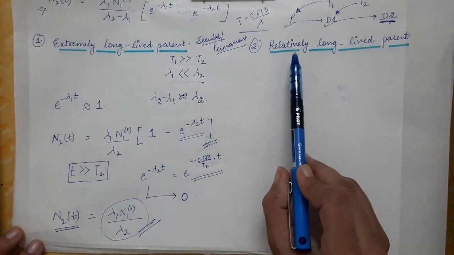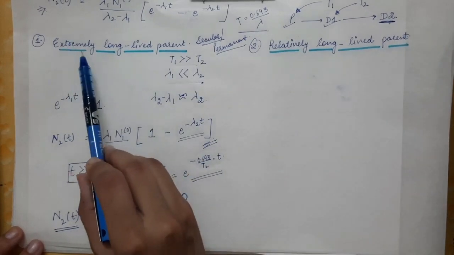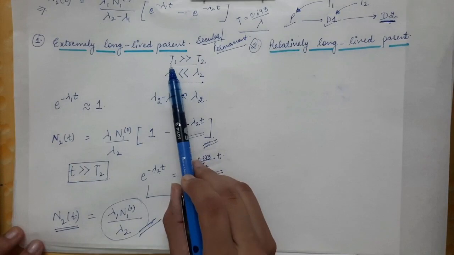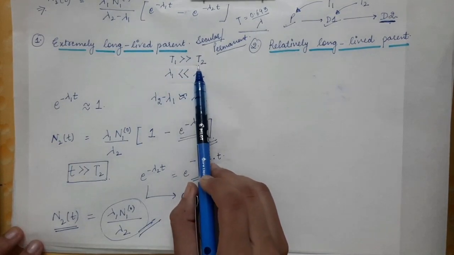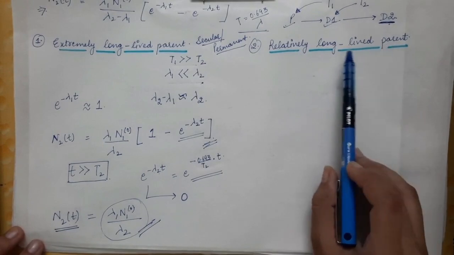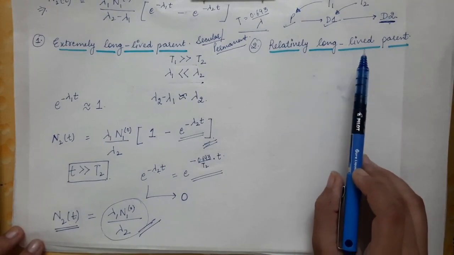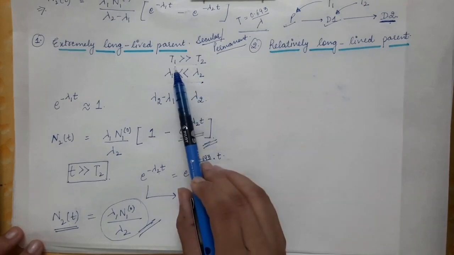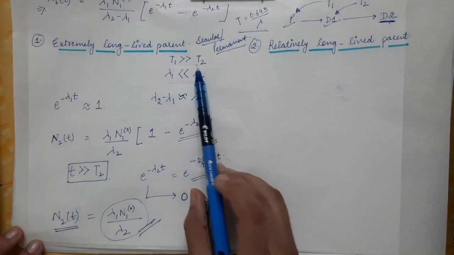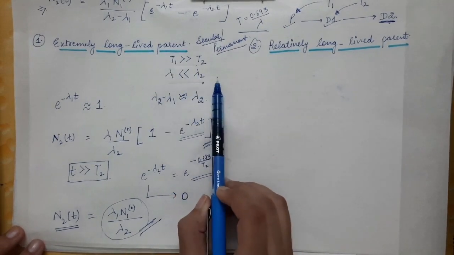Now the second case is of a relatively long-lived parent. Earlier we had an extremely long-lived parent, where the half-life of the parent was very much greater than that of the daughter nuclei, or you can say lambda 1 was very much less than lambda 2.